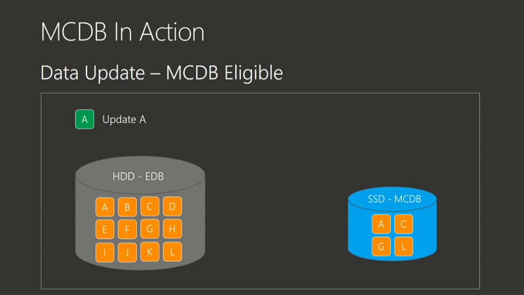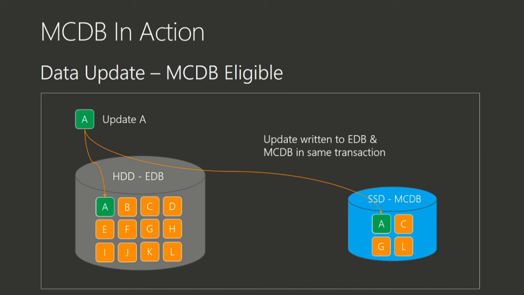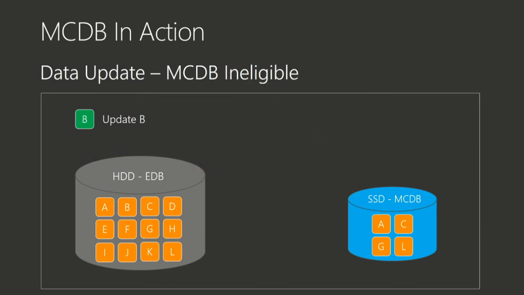So when we're reading A, or we've got something coming in for A, and it gets updated, the data is written to both the primary database and the MCDB at the same time. A is what we call MCDB eligible. Now, when we update B, you'll see that B is not part of MCDB, and therefore it's not MCDB eligible. So when we update B, it just updates B in the primary database as per normal.